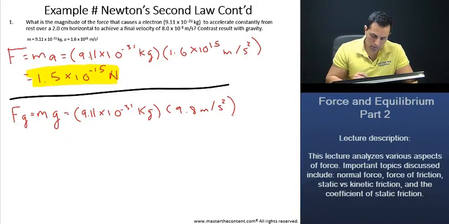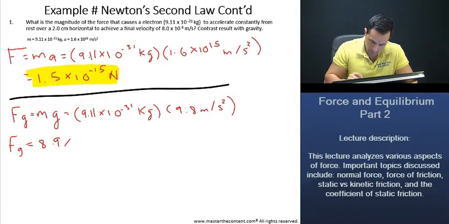And now once you equate this, you find that your value is going to be 8.9 times 10 to the power of negative 30 newtons.